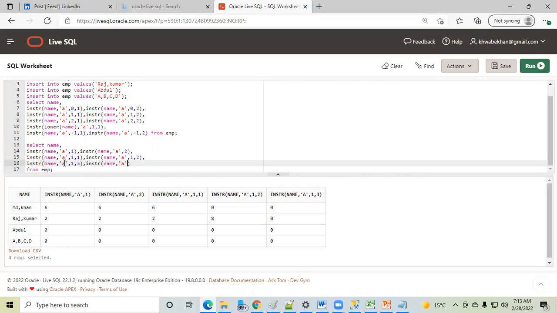Second thing: can we use a set of characters, meaning A and N together? Yes, you can use that. Let me show you that after this, but please remind me if I forget. Tanvir, if I'm using U and M together, will it search for both? Yes, it will search for U and M both, but it will tell you the U position, not the M position.